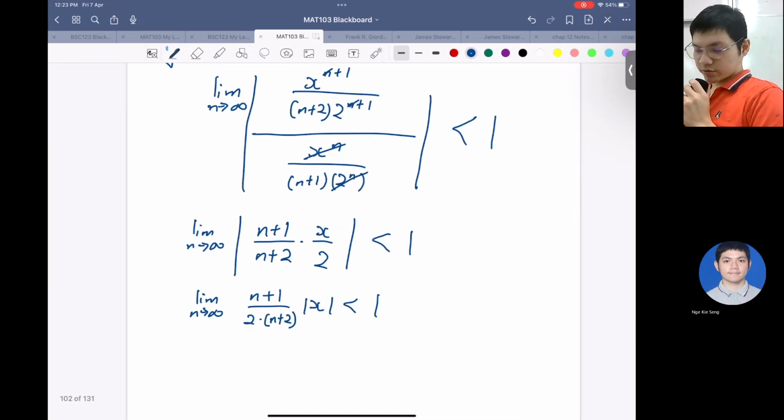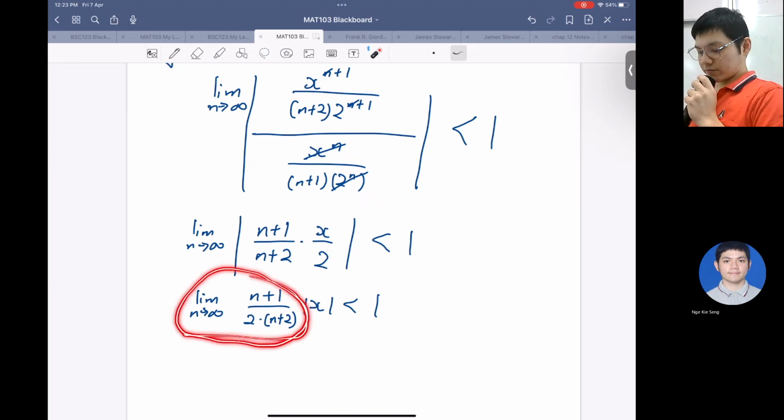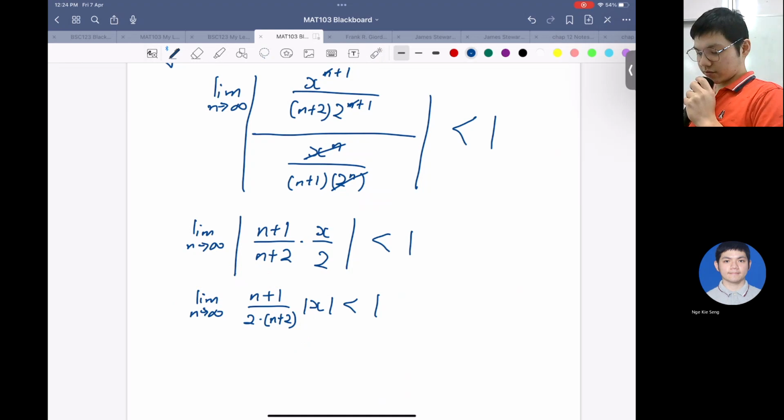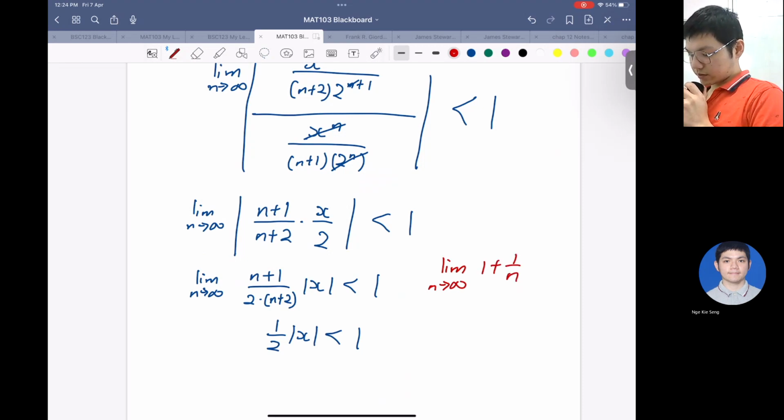So what does this approach to? What does this approach to? 1. Okay, good. So 1/2 times modulus x is less than 1. If you like, this is just 1 plus 2 over n over 1 plus 1 over n, which goes to 1.